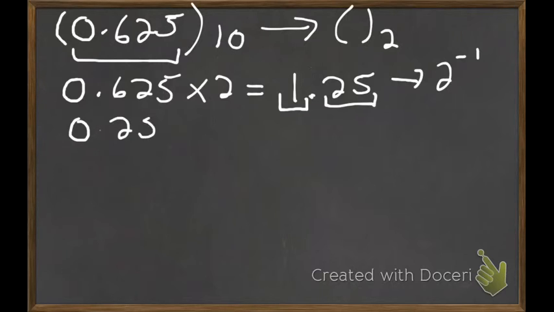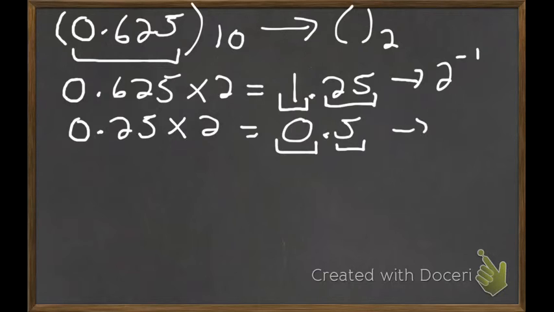So 0.25 times 2 equals 0.5. The same thing here: you have a 0 to the left of the decimal and 0.5 to the right. So you're going to place this 0 in the 2 to the negative 2 placeholder.